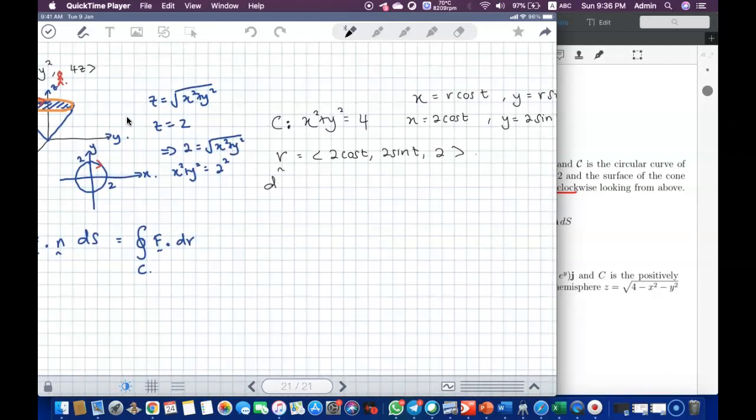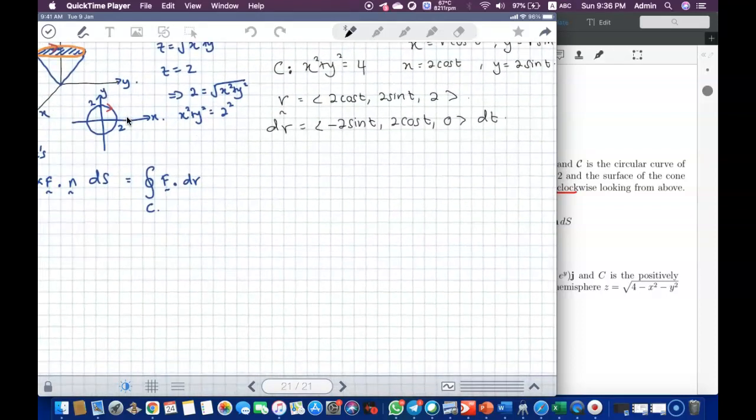Then dr. We differentiate to get minus 2 sin t, 2 cos t, and then 0 dt. Okay. So then what is f dot dr?